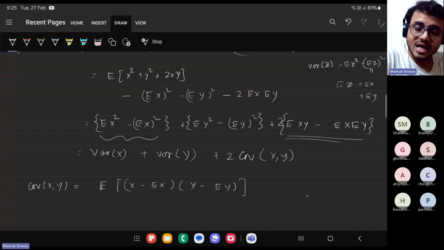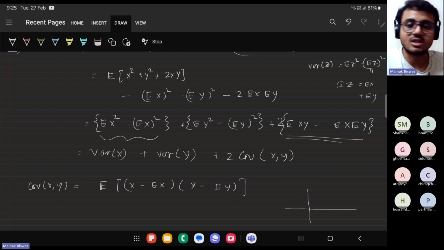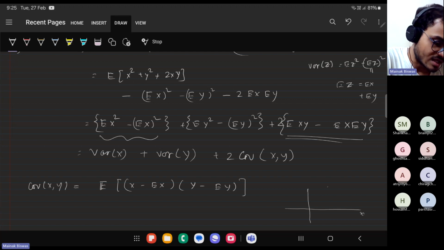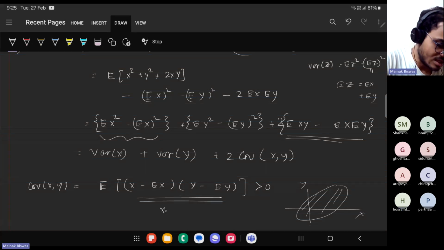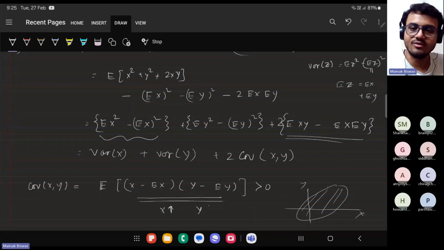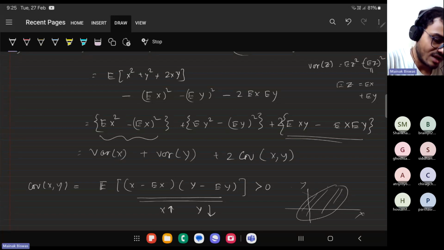We'll look at it in detail when we do joint distributions, but let us see intuitively. If one random variable increases and the other also increases, this will be positive, greater than 0. Similarly, if x increases and y decreases, you will have a negative correlation, less than 0.